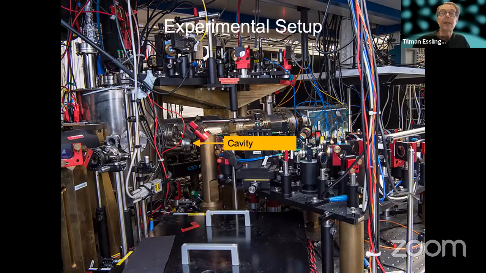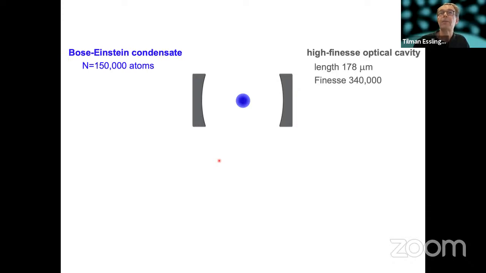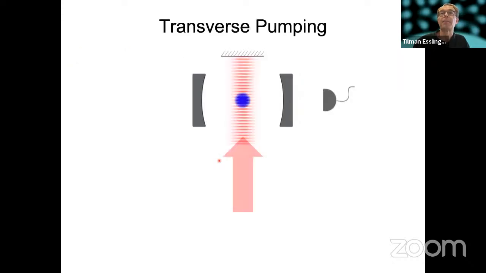Okay, and now let's see. This is the BEC in the cavity, 150,000 atoms typically, cavity length, finesse, we've had those numbers before. And now we shine a laser from the side, and then we increase the intensity. Now let's see what is happening.